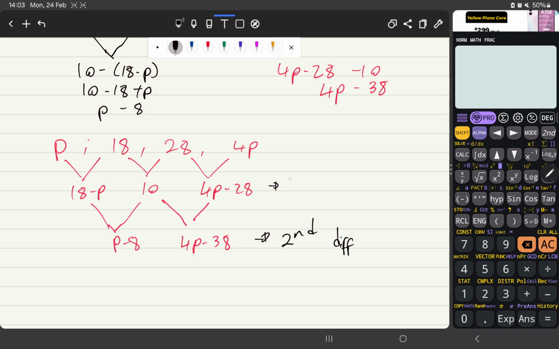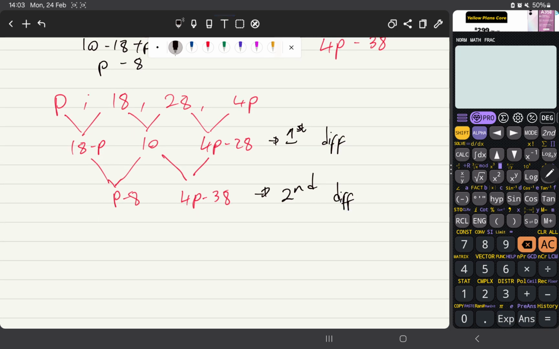And then here, that's my first difference, right? So one thing I know for my second difference, P minus 8, it has to be equal to 4P minus 38.